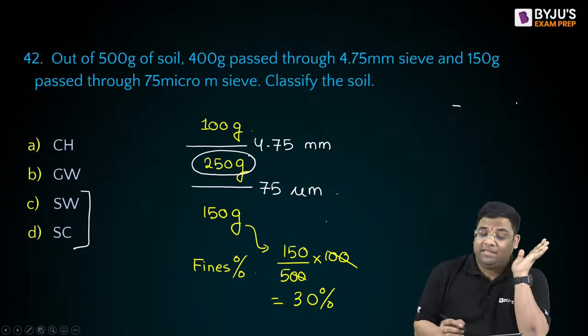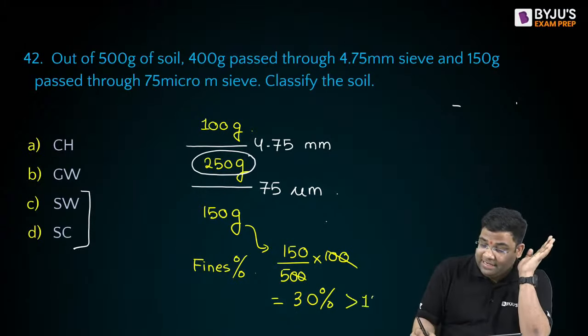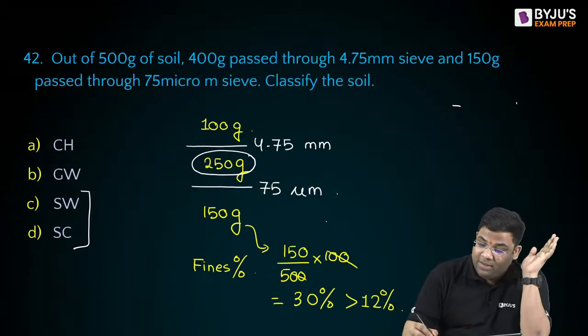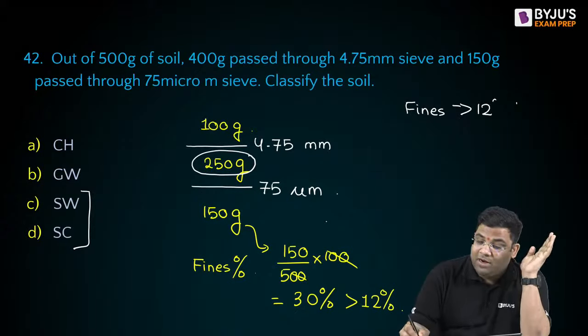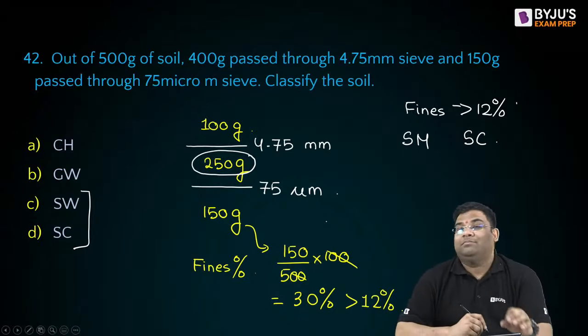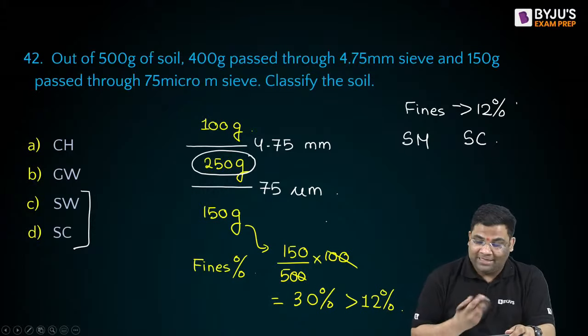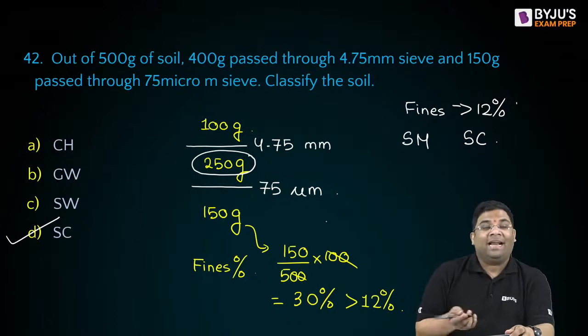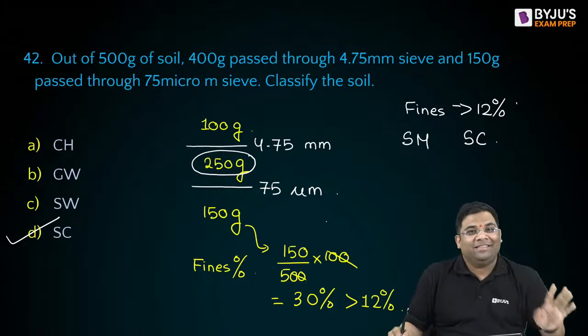When the fines percent is 30%, that means greater than 12%. And we know when the fines is greater than 12, that means either it will be SM, silty sand, or it will be SC, right? So SC is given, SM is not given. That means this is the right answer. Understood?